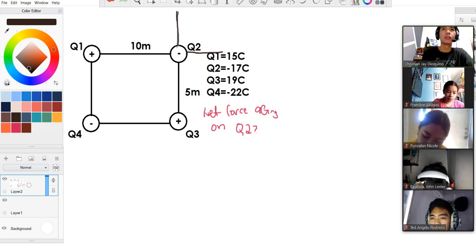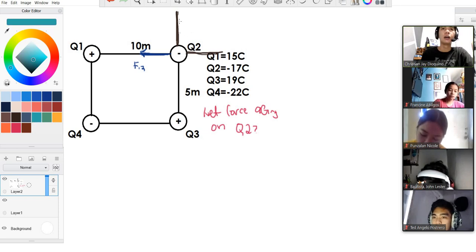So this is our Cartesian plane, then the directions of the vectors. One vector is going to the left, which is F12.